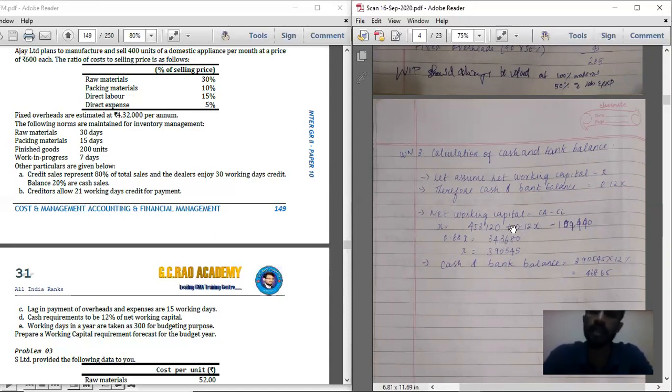And what is cash and bank balance? We have assumed 0.12x. So 4,53,120 plus 0.12x, that is current assets.